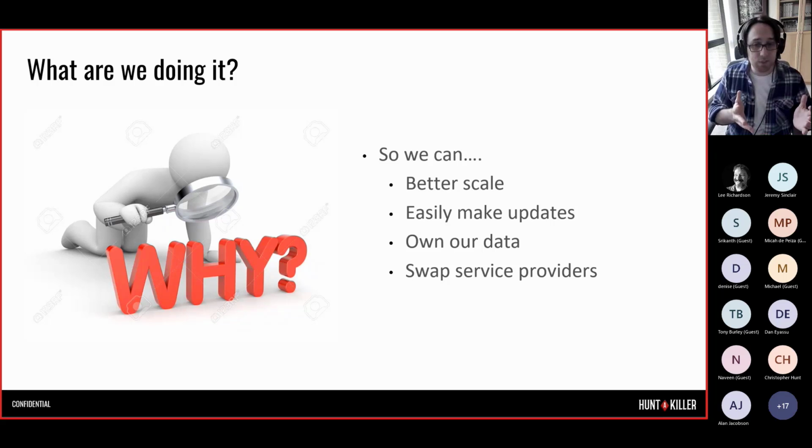And a lot of those requests in this instance we're talking about are going to be to ship boxes to customers. The other reason we want to do it is so that we can more easily make updates. With a monolith, if you decide to make a change or an update to a particular area or aspect of the monolith, then you have to redeploy the monolith as a whole.